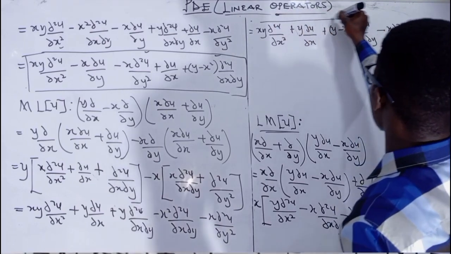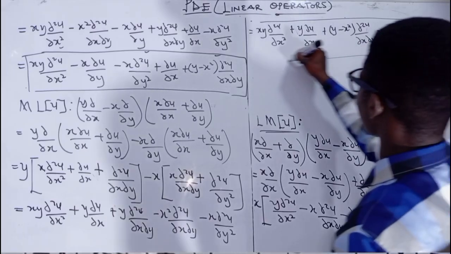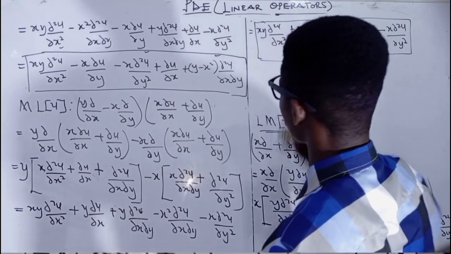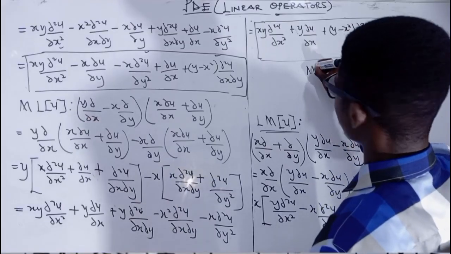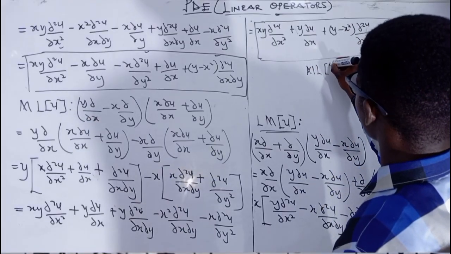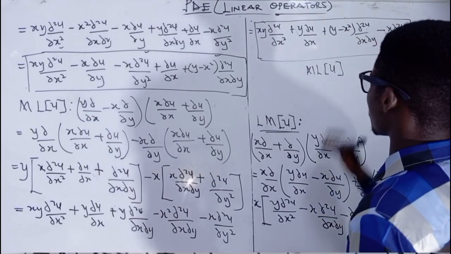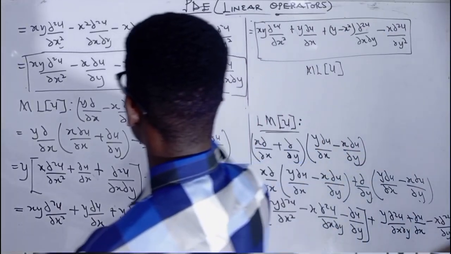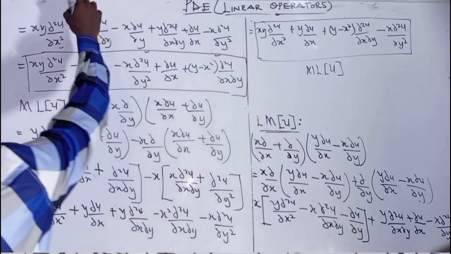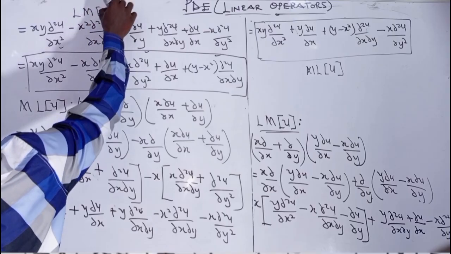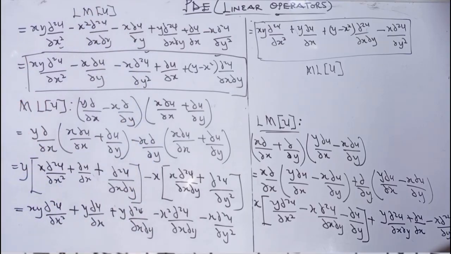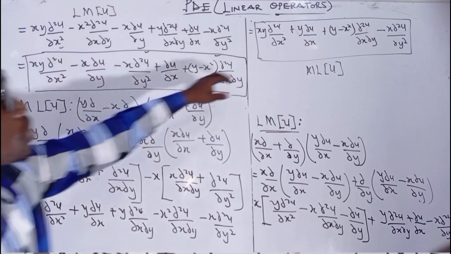So once we are done, we are going to compare them to see if the terms are the same. So this is MLU, and this one is what? LMU. So let's compare the terms to see if they are the same. So the first one we have xy ∂²u/∂x². Okay, the first one is okay.